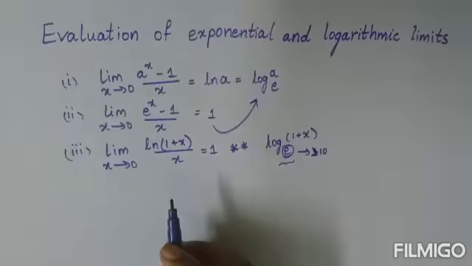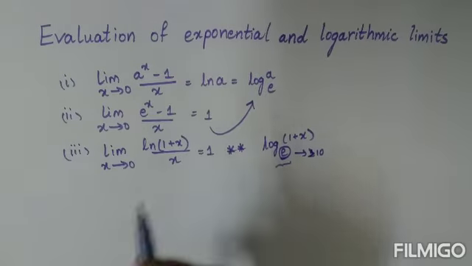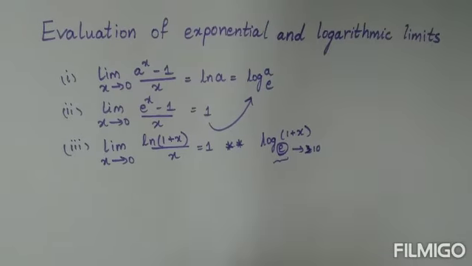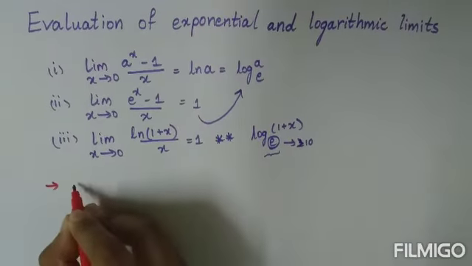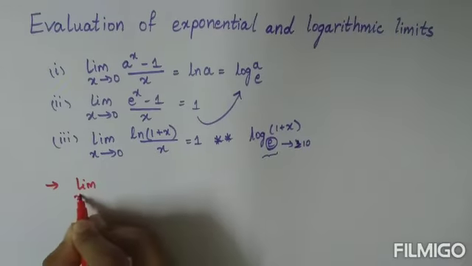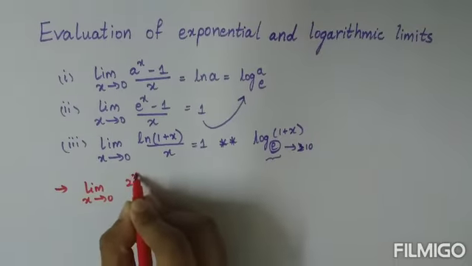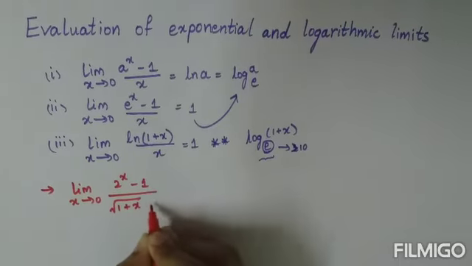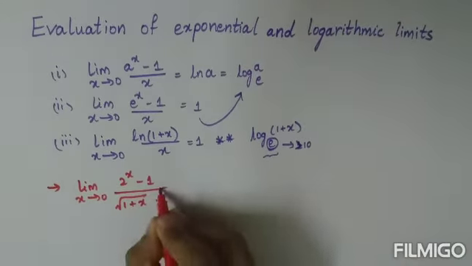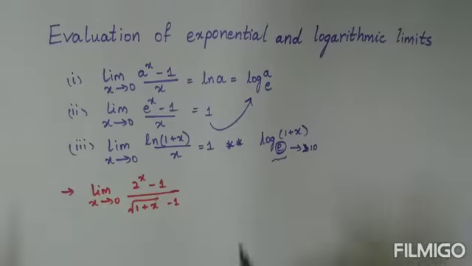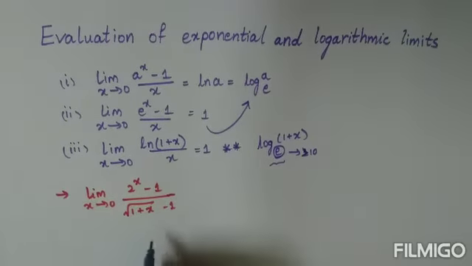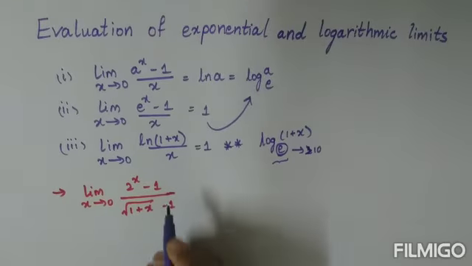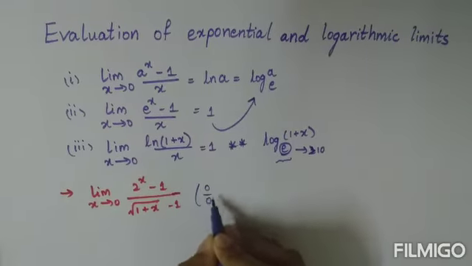Let us see some questions so that you will get a clear understanding of how to use these expressions. The first one is limit x tends to 0, 2 power x minus 1 by square root of 1 plus x minus 1. How to solve this problem? If we substitute x is equal to 0, we simply get 0 by 0 form.